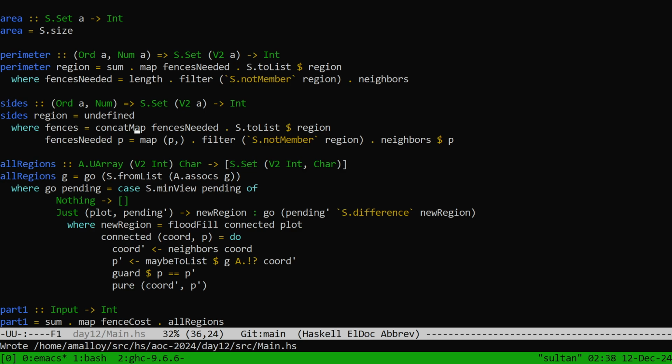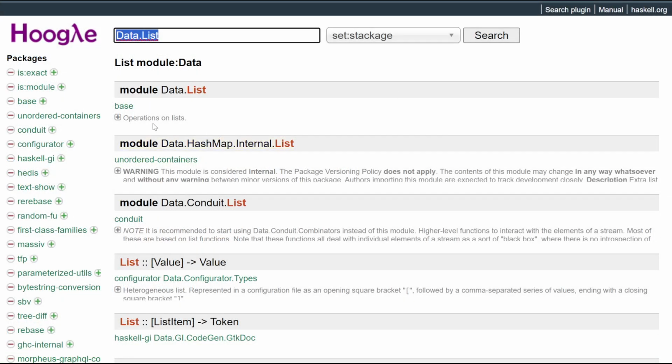So I think I want to write a function that groups the result of fences. What do we have in Data.List? I don't think it's really what I want, but let's check.